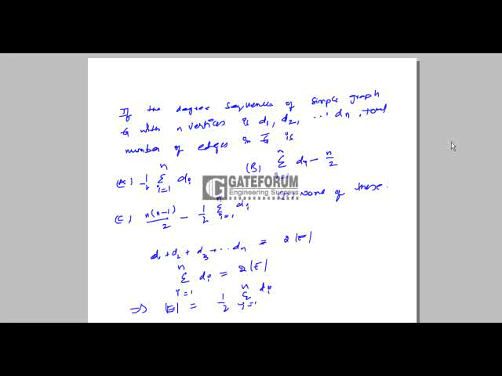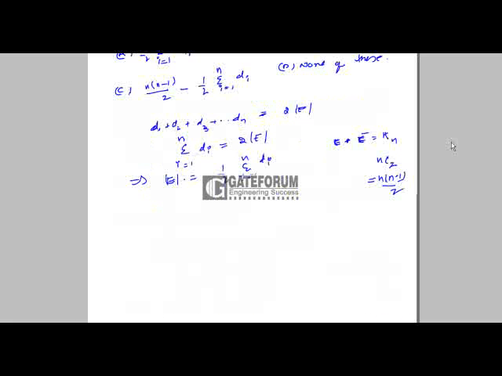And we know that the number of edges in a graph and the number of edges in the graph which is its complement will be equal to number of edges in the complete graph with n vertices, and the number of edges in complete graph with n vertices is given by nC2, which is n into n minus 1 by 2. So here E bar plus E is equal to n into n minus 1 by 2.